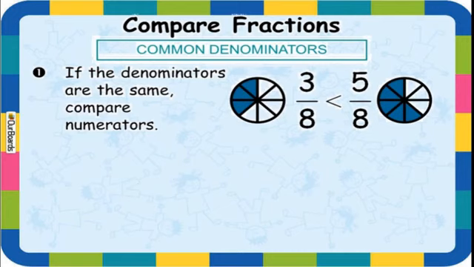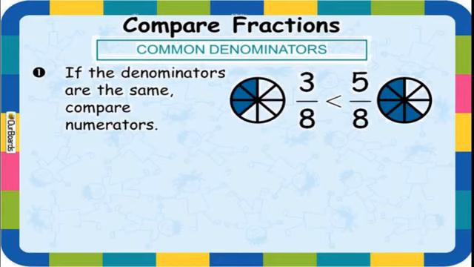We can see by the help of the picture also, and you know that whenever the denominators are the same, we compare the numerators. We ignore the denominators and only compare the numerators. Here 5 is greater than 3, so 3 upon 8 is less than 5 upon 8.